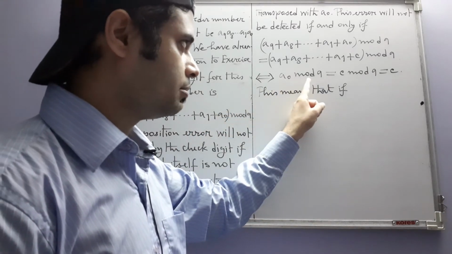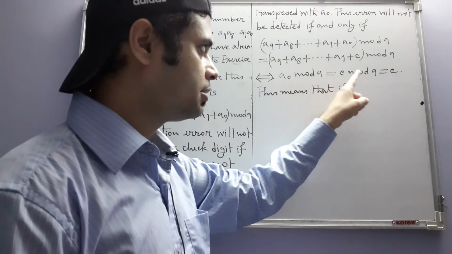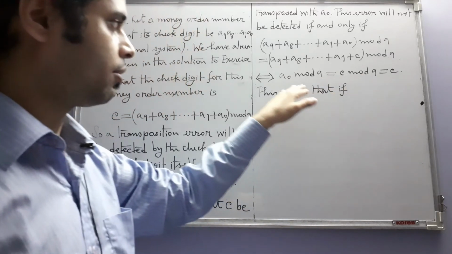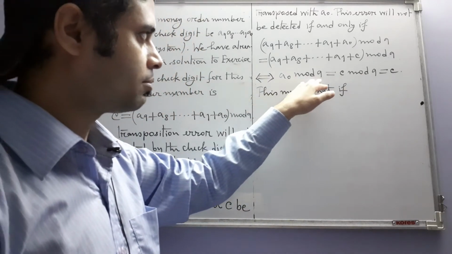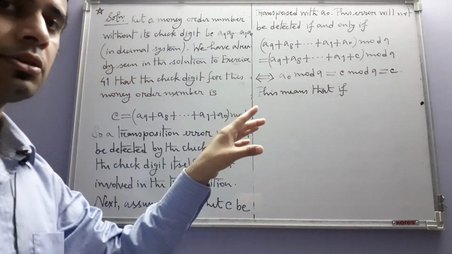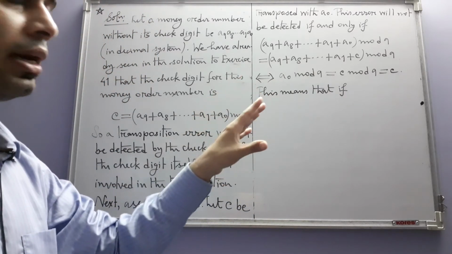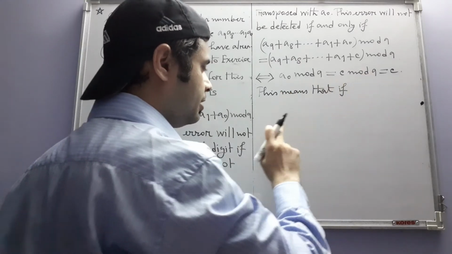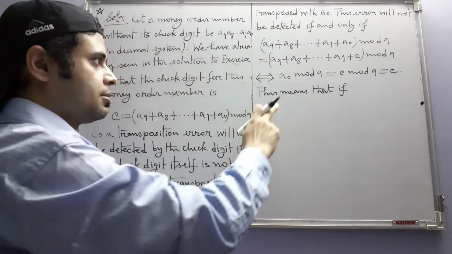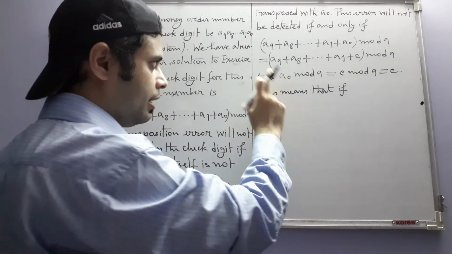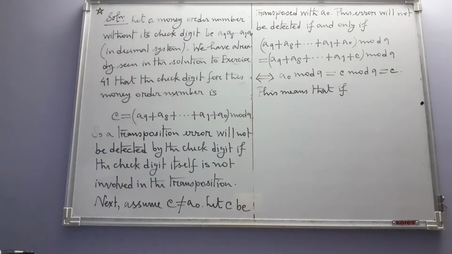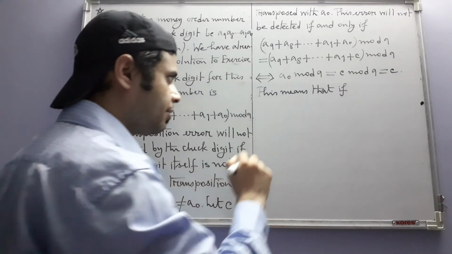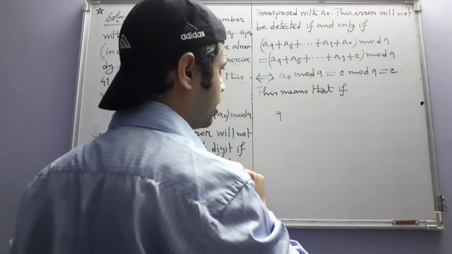A0 mod 9 and C mod 9 being equal, or the equality of A0 mod 9 and C, does not immediately say that C has to be equal to A0. C is less than 9, but there is nothing that is telling us that A0 also has to be less than 9, because after all A0 is a decimal digit. So A0 may very well be equal to 9.